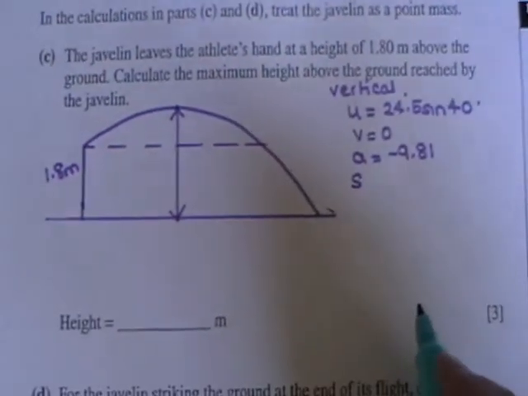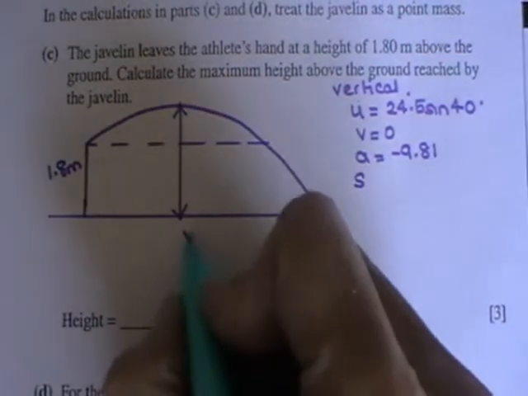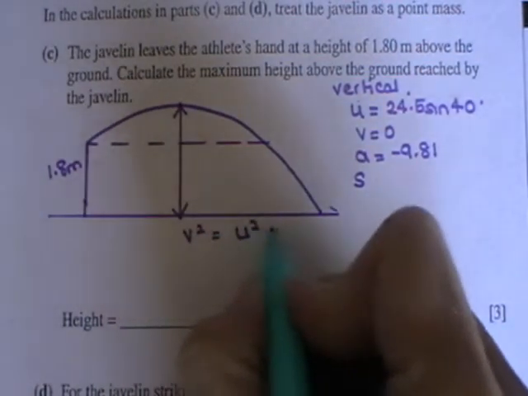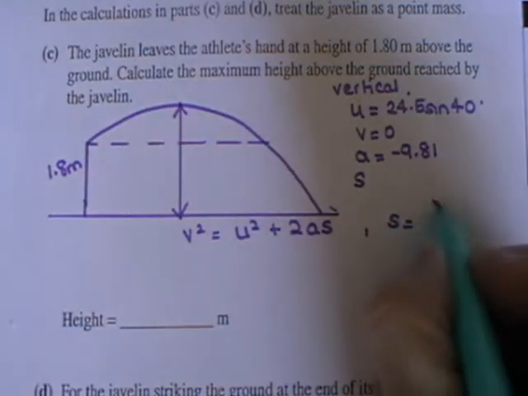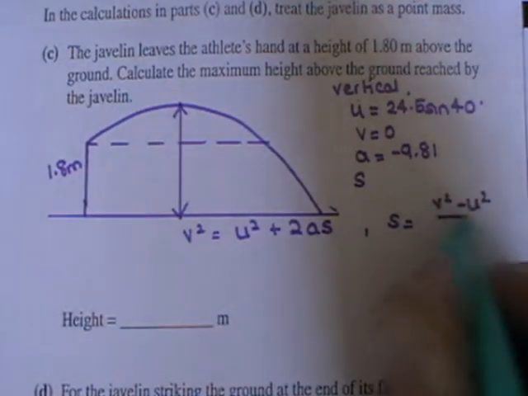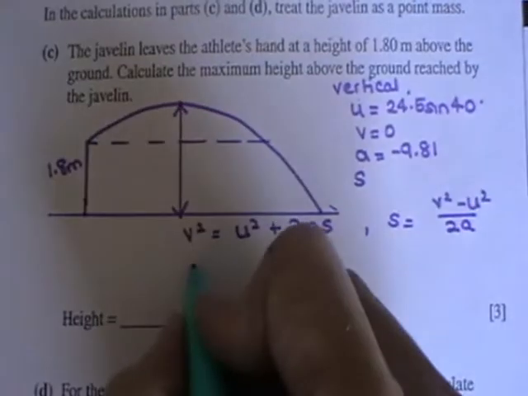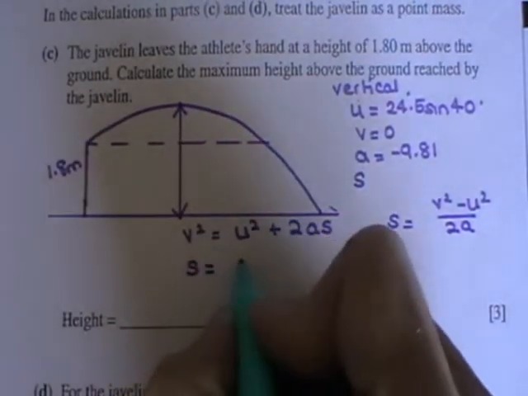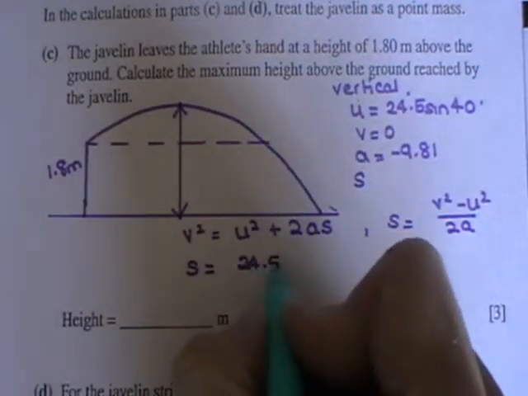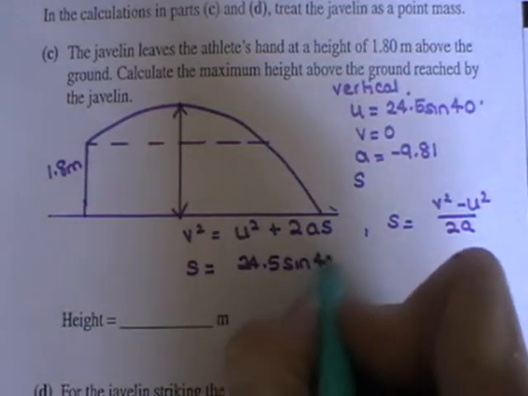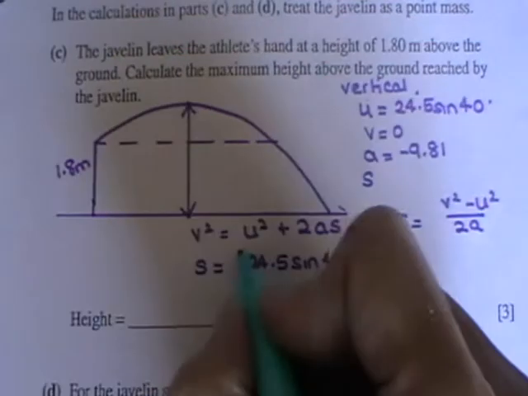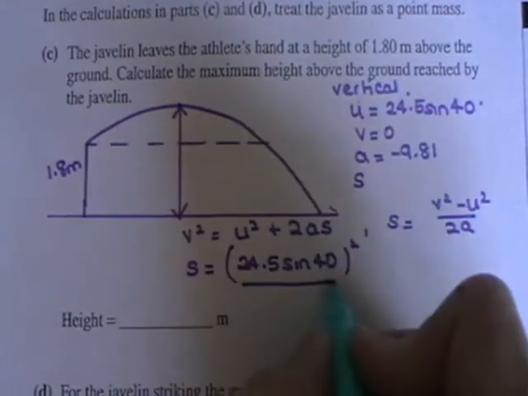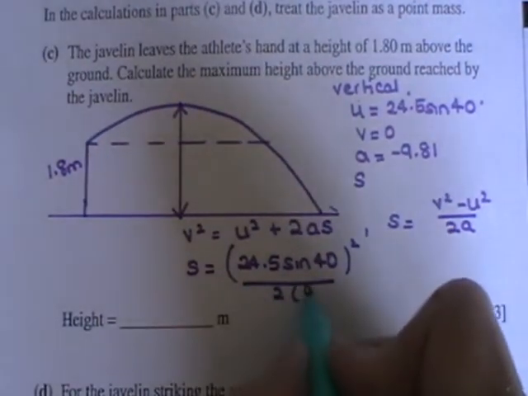So we need s. The equation we're going to use is v squared equals u squared plus 2as, and therefore s is equal to v squared minus u squared over 2a. So s is equal to 24.5 sine of 40, minus 0, I'm not going to write in the minus 0, squared, and then it's all over 2 times 9.81.